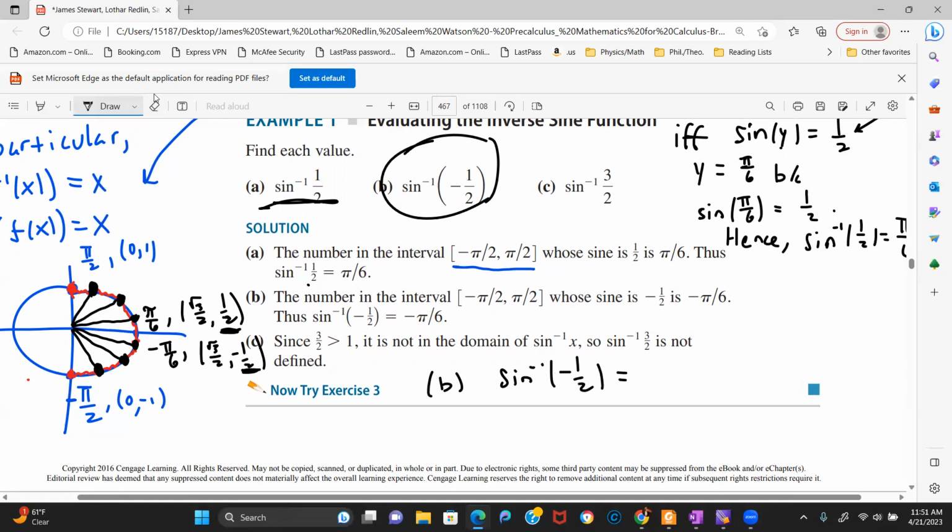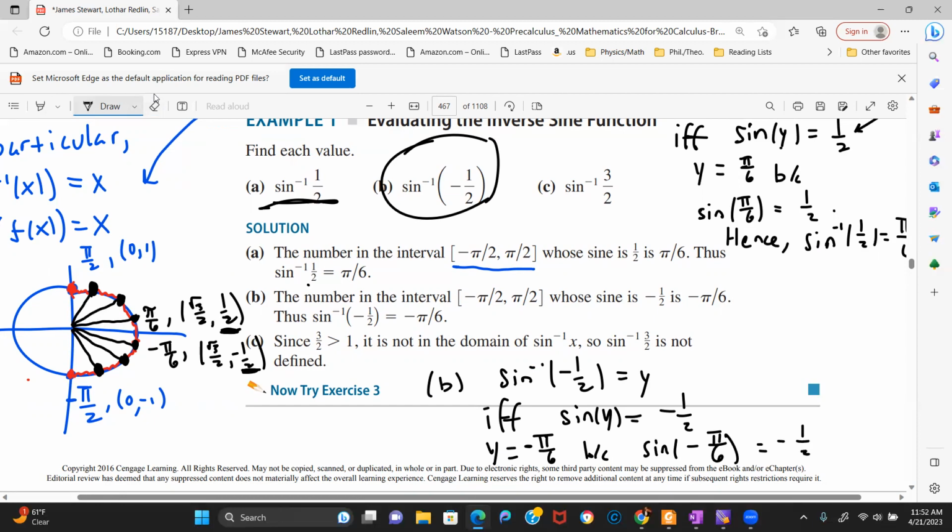Negative 1/2 is going to be y, and that's the case if and only if sine of y is equal to negative 1/2. But this suggests y should be equal to negative pi over 6, because sine of negative pi over 6, let me fix that, sine of negative pi over 6 is equal to negative 1/2.